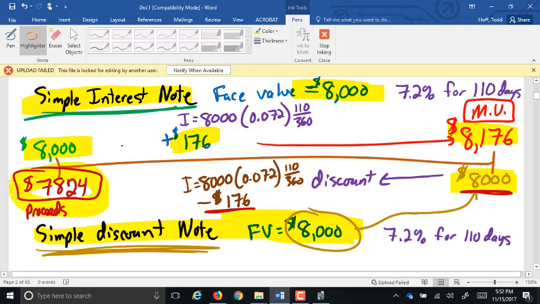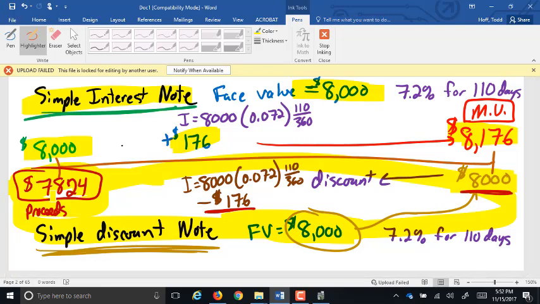And we started discussing this briefly at the end of class last time. Why would you ever do a simple discount note? Well, a simple discount note is often used when you're using collateral. Let's say you have a vehicle that you're going to use as collateral, and they estimate that at the end of the 110 days, your vehicle will be worth $8,000.